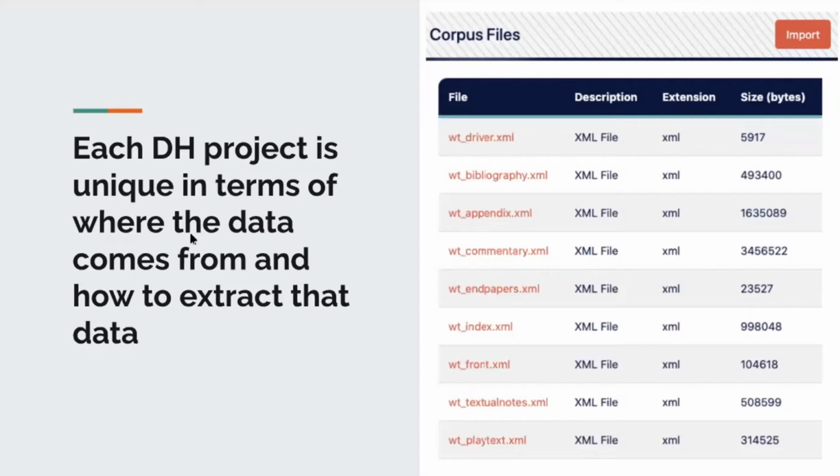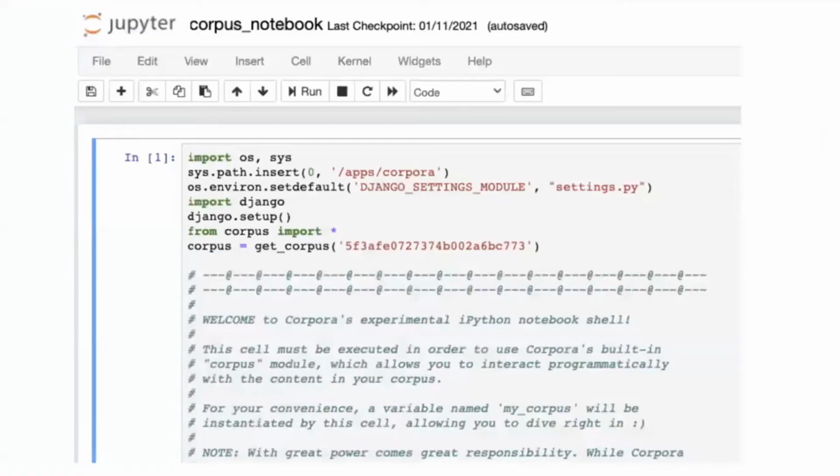While Corpora allows users to upload those source files into their corpus, there's simply no one-size-fits-all approach to then extract that data and save the results as instances of Corpora content types. For this reason, most large-scale projects like ARC require that data be ingested programmatically.